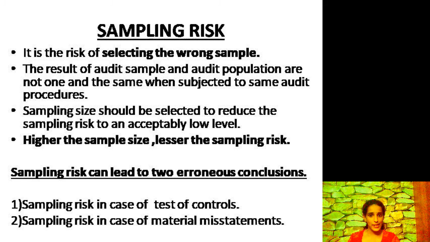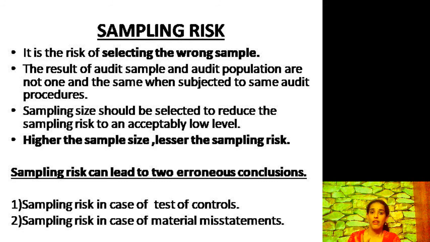Now, these 5 out of 20, that is 25% of the transactions, are materially misstated or wrong. Now, the auditor comes to a conclusion that the internal control is ineffective because 25% of the transactions are wrong. So in such cases, the auditor is coming to a conclusion about the ineffectiveness of control.